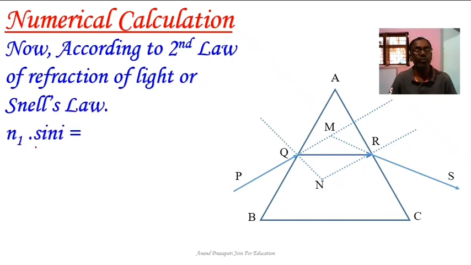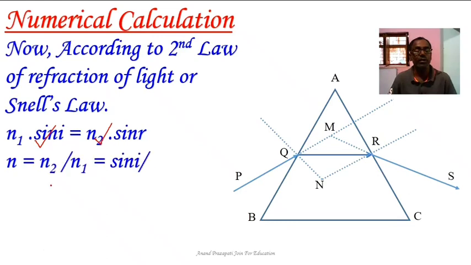So n1 into sin i equal to n2 into sin r. After the calculation, we get n2 by n1 equal to sin i by sin r. Suppose this is the refractive index of the glass plate. Now we put the value of I and R. Already we have found out this one.